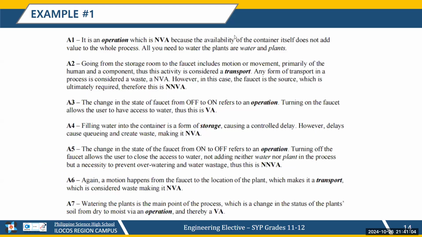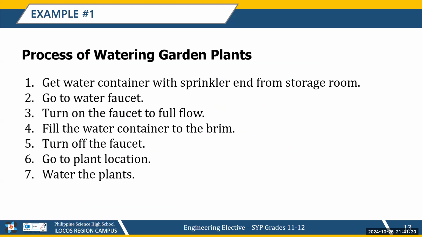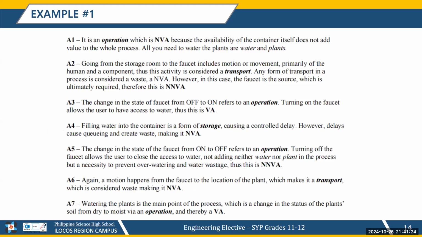No? And then after doing that, let's try to categorize the process activities in terms of its value also. So for A1, which is getting the water container from your storage room, it is an operation activity and it is NVA.